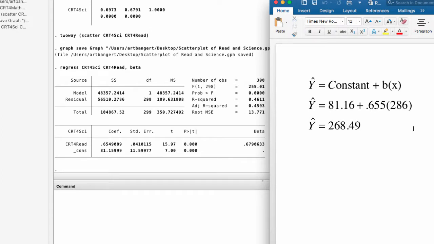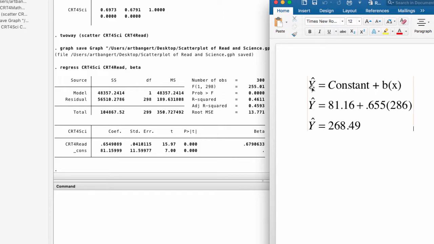As a result of our regression analysis, we can use these results to form a regression equation. In other words, we can use these results to predict what students who read at a certain level or who obtain a certain score on the criterion referenced reading test would likely score on the science test.